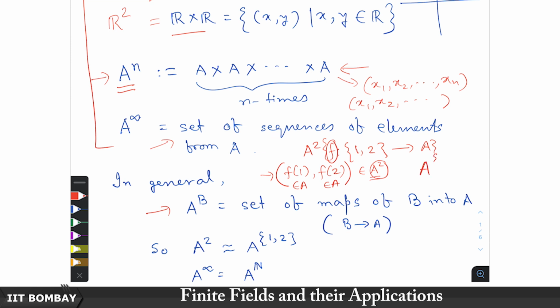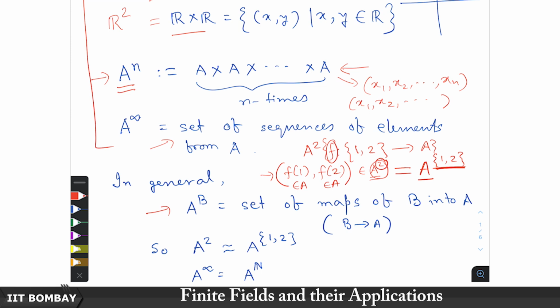This, A power the set {1, 2}, is the set of all maps from this set to A, and this is basically the same set as A2 itself. 2 is the number of elements in this set.